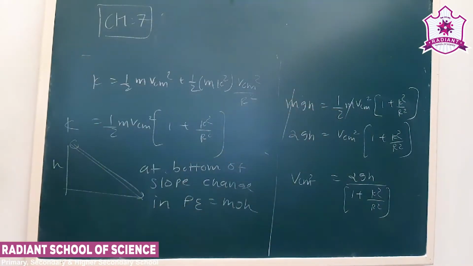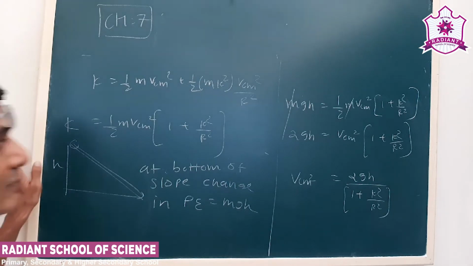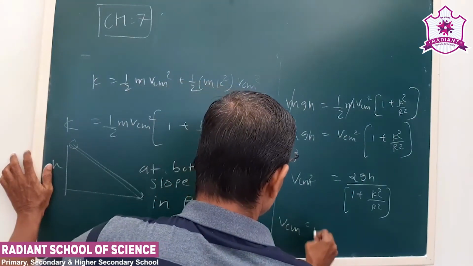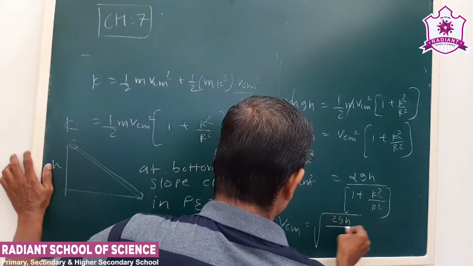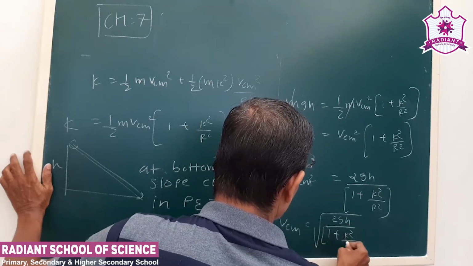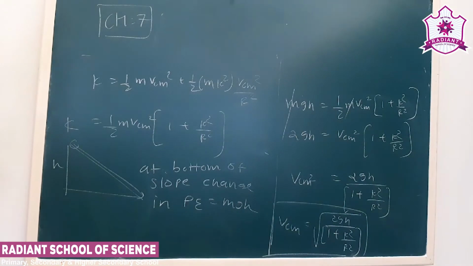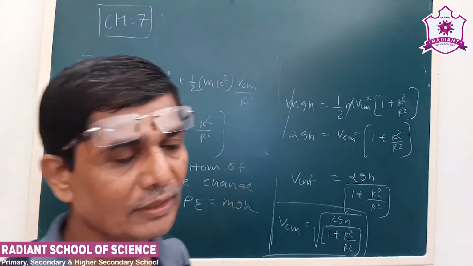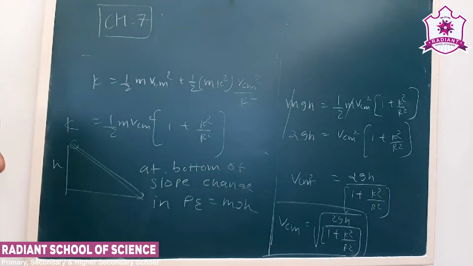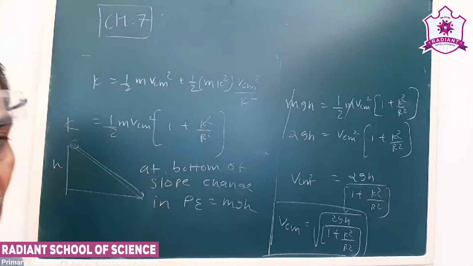Now the velocity at the bottom of the slope, VCM, is under root 2gh upon 1 plus k square by R square. This is a generalized formula for the velocity of the rigid body, obtained in terms of the velocity of center of mass.